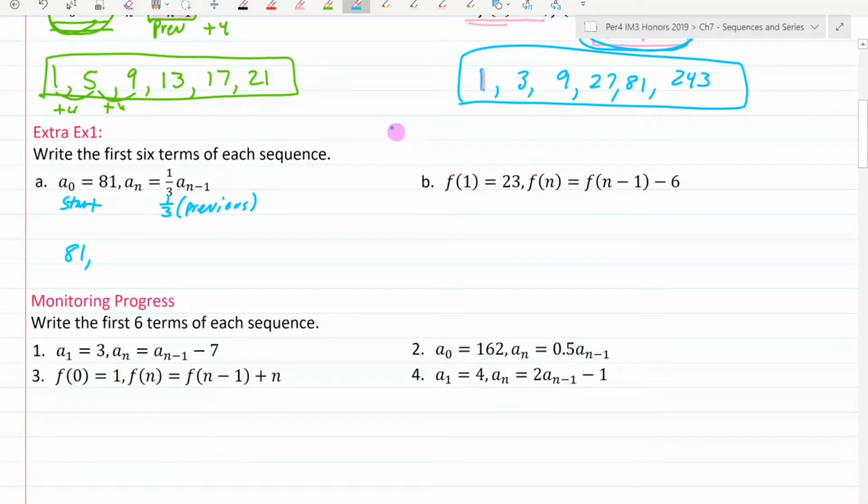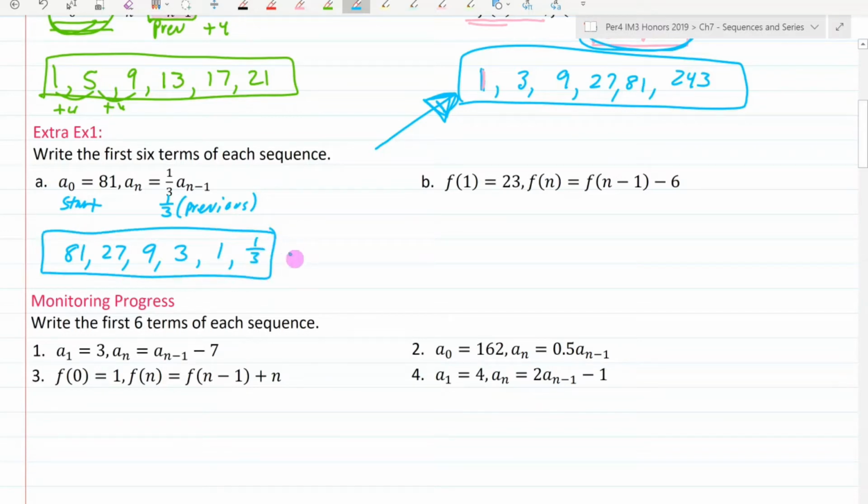So it's almost like this one backwards. If I divide by 3, divide by 3, divide by 3, and divide by 3, or multiply by 1/3, the next one would be 1/9, then 1/27, 1 over 81, 1 over 243, and so on. You just multiply by 1/3. If you multiplied 81 by 1/3, by the way, you would get 81/3, which is 27.